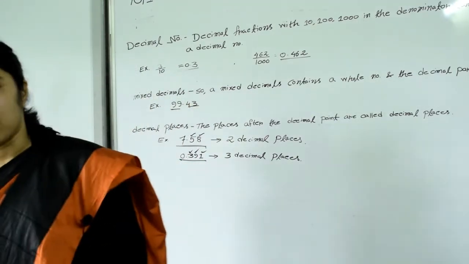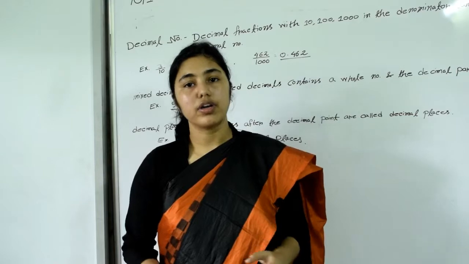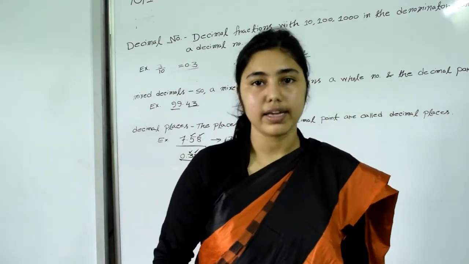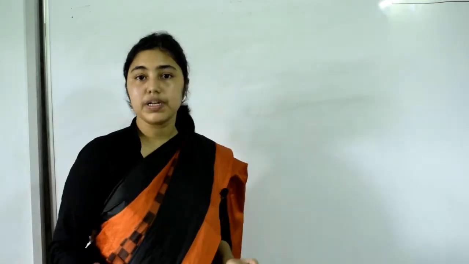Okay. Now let us discuss like decimals and unlike decimals. So what are like decimals? Decimal numbers that have the same number of decimal places are called like decimals.